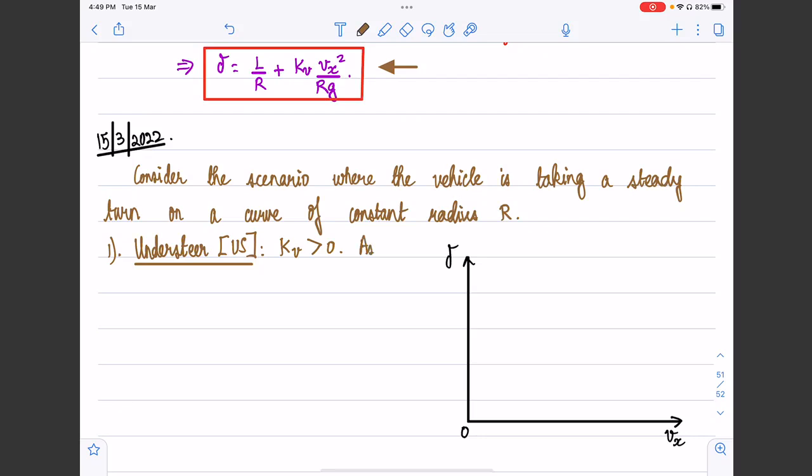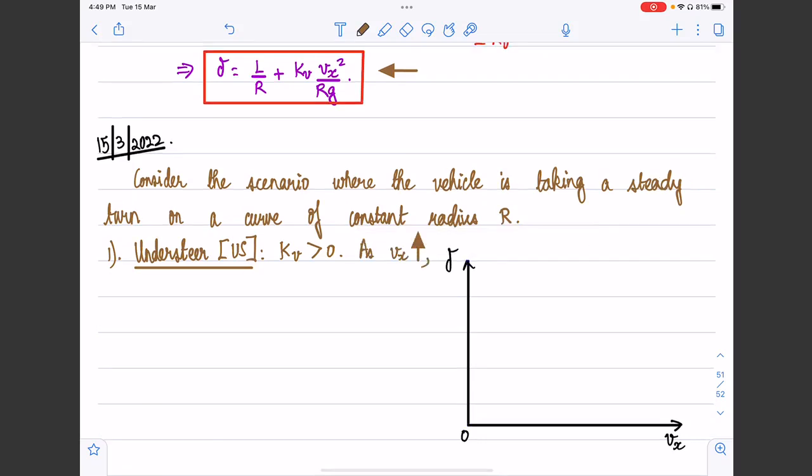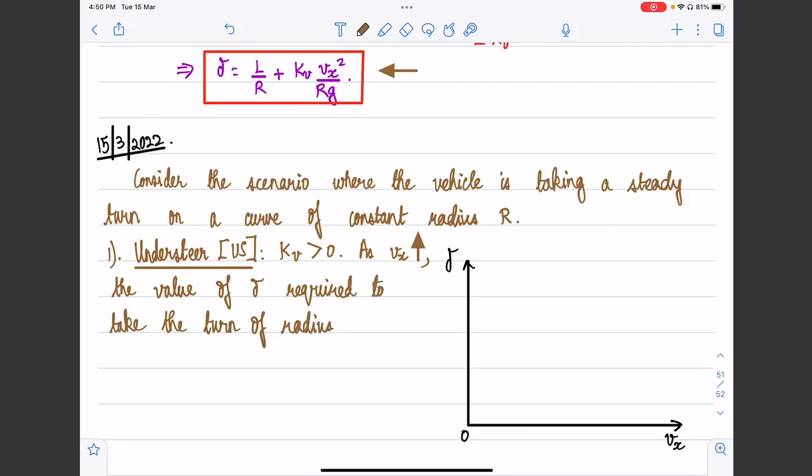We can immediately observe that as Vx increases, as the longitudinal speed increases or the vehicle travels faster and faster, the value of the steering angle required to take the same turn of a given radius R increases.